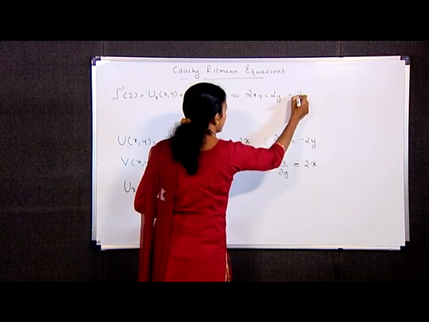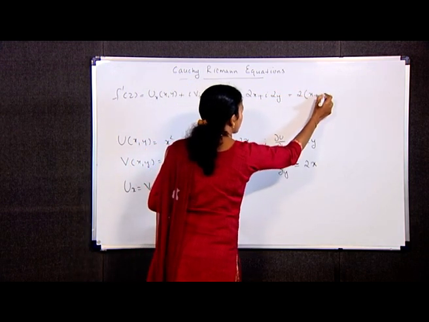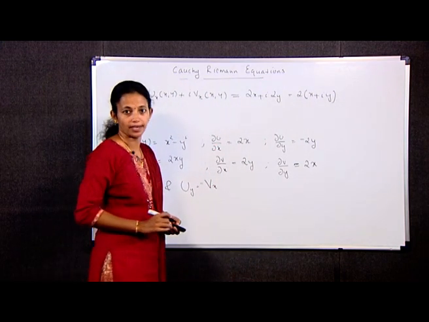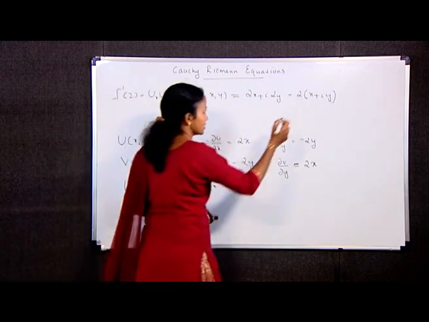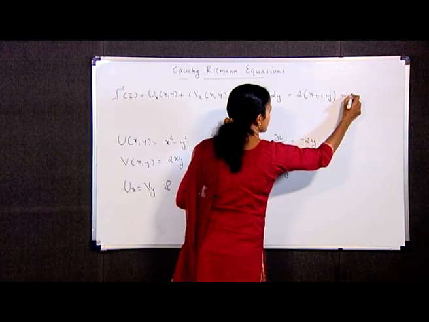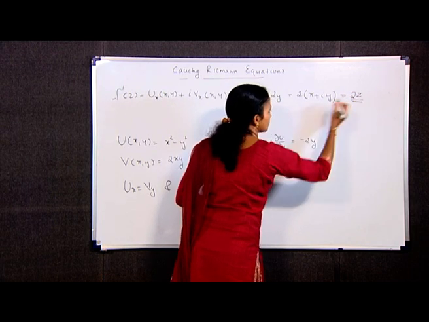Taking 2 outside, we can write 2 into (x plus iy), which is 2z.